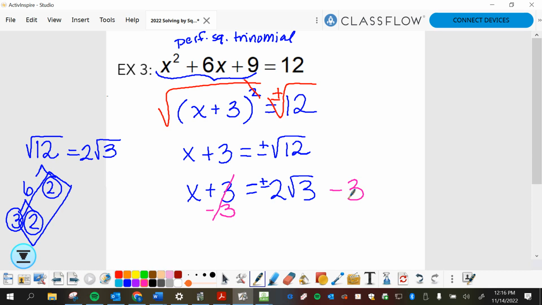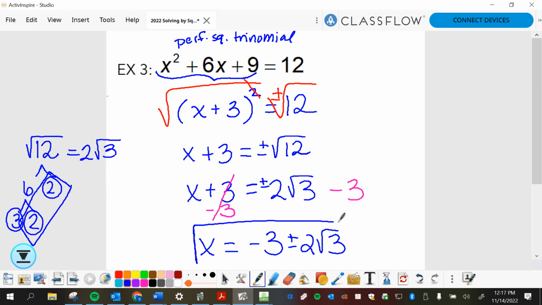You just leave it like that. So when you write your answer, you're going to have x equals, and you really put it before the square root. So we're going to put the minus 3 first, and then plus or minus 2 root 3. Okay? That is the most important thing of the day.